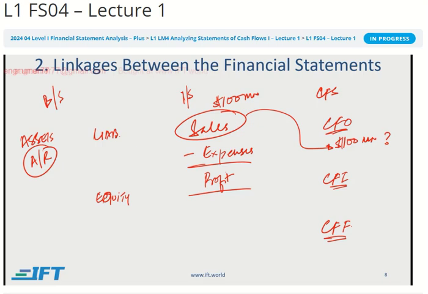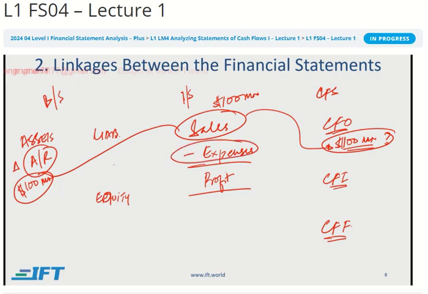Because if $100 million sales is there and $100 million increase is recorded in your accounts receivable, that means none of that sale actually has resulted in any cash. So the sales should be double checked with the change in accounts receivable before we can conclude how much cash has been received from your sales.